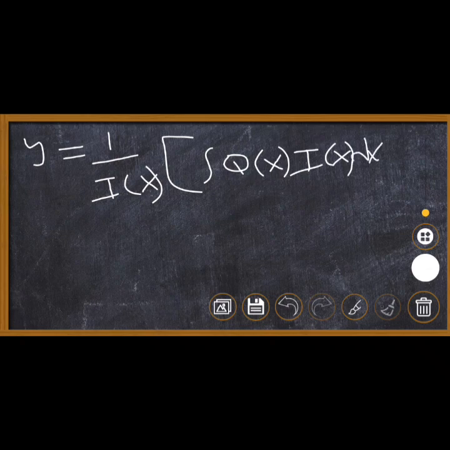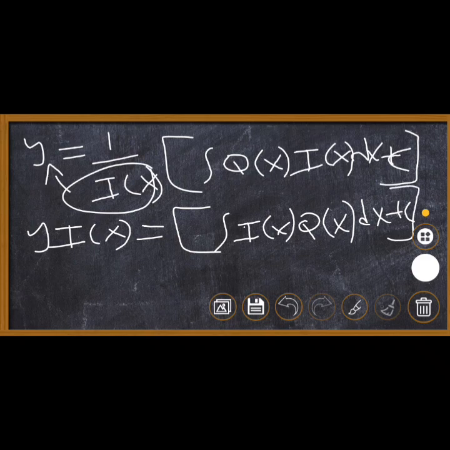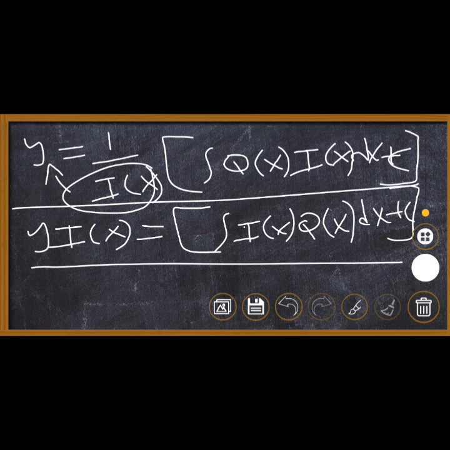So in some books you find that they have written it as y multiplied by the integrating factor equals the integral of the integrating factor multiplied by q of x dx added to constant c. So either this way or that way, it's just the same thing, it gives the same answer.